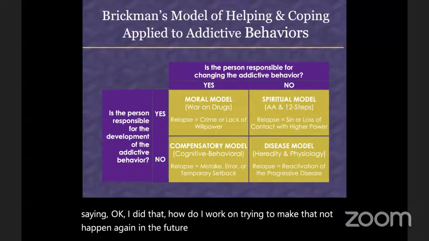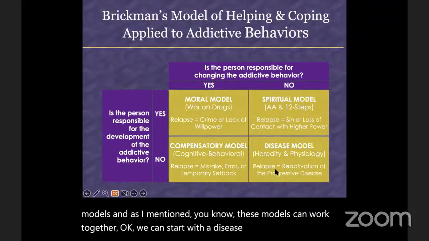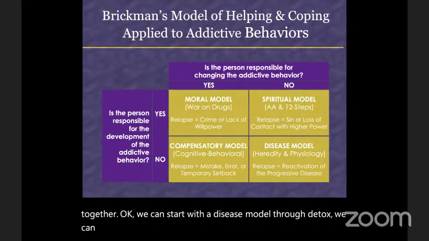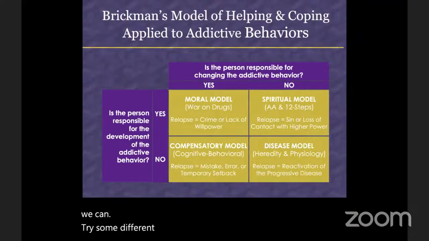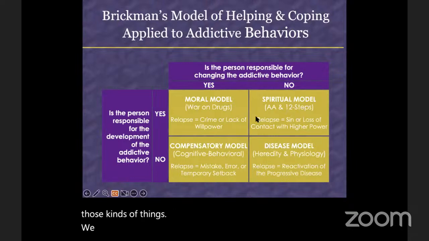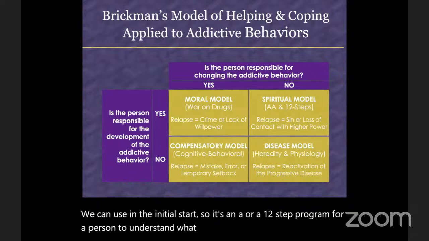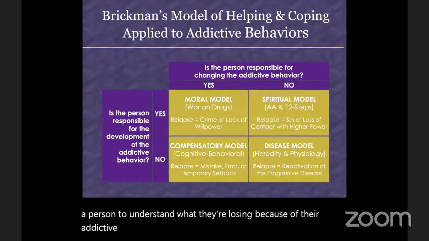Okay, so we have these 4 types of models. And as I mentioned, these models can work together. We can start with a disease model through detox. We can try some different medications that help relieve the cravings and those kinds of things. We can use in the initial start an AA or a 12-step program for a person to understand what they're losing because of their addictive behaviors and how that has impacted their life.